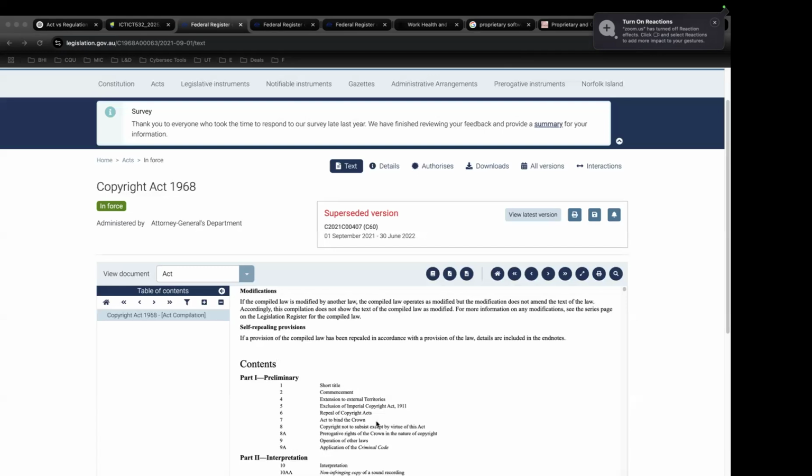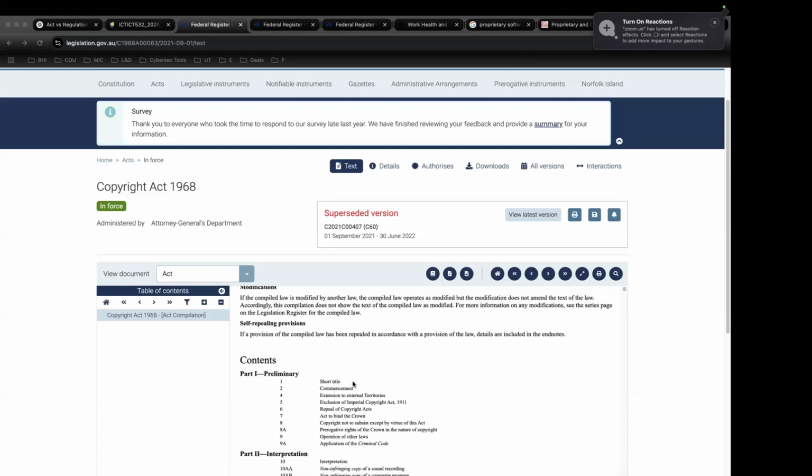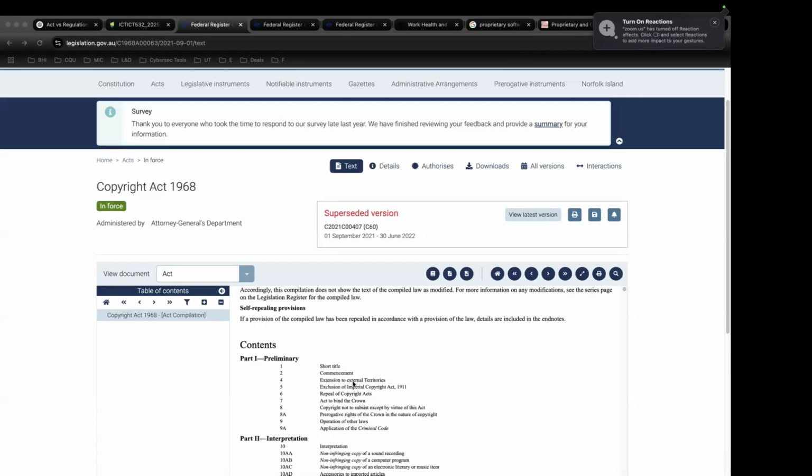Anything else that it will usually specify in the legislation? If you were writing a copyright act, what else would you detail in this document? Types of materials that can be protected, physical works.